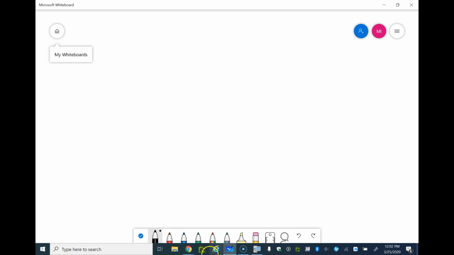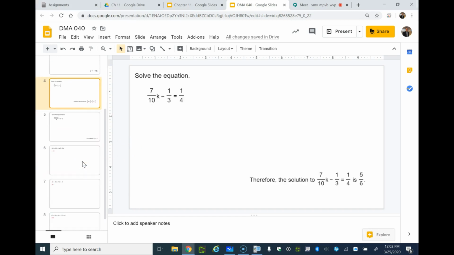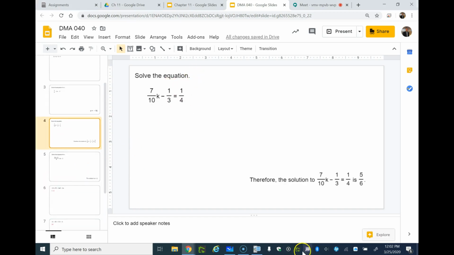So let's do one that has a little more, I would say, beef to it. Well, y'all probably don't like fractions, so I guess I have to do that one.